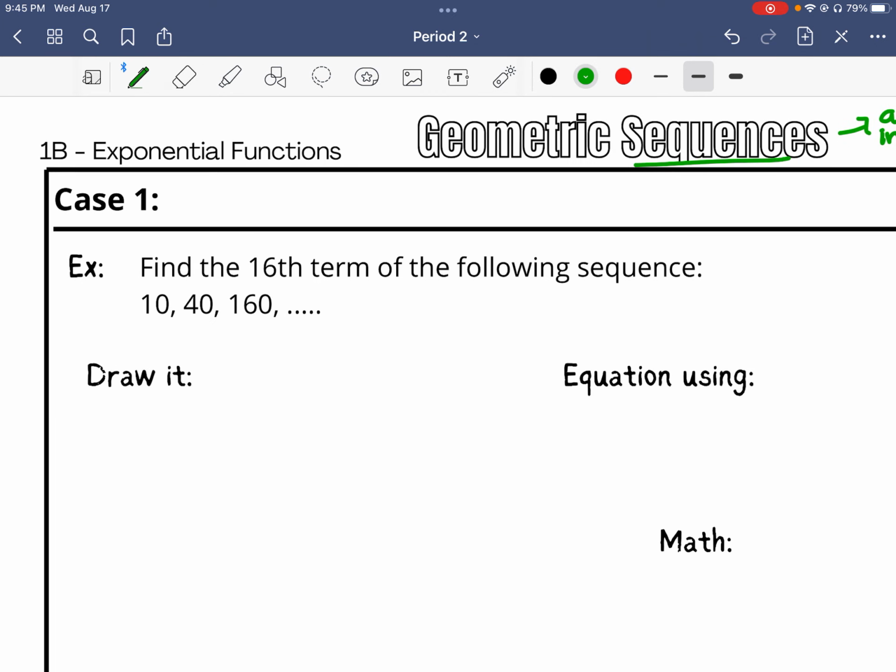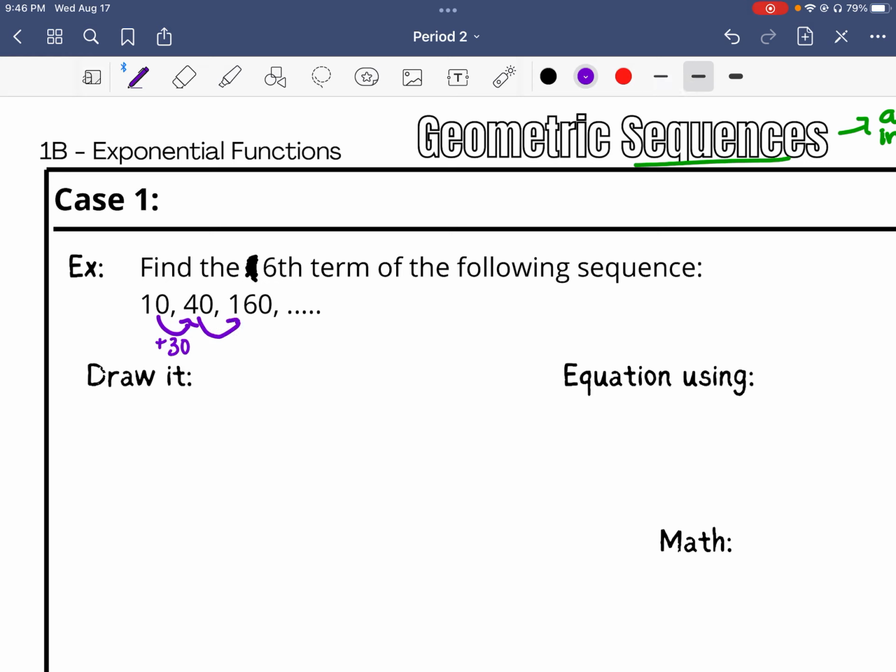First thing I want you to do is fix a little typo. If this says 16 right here, erase it so that it is the 6th term. We're looking for a smaller number. So find the 6th term. All right, let's start off. From 10 to 40, it is plus 30.